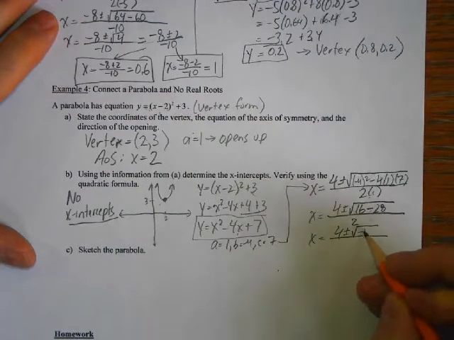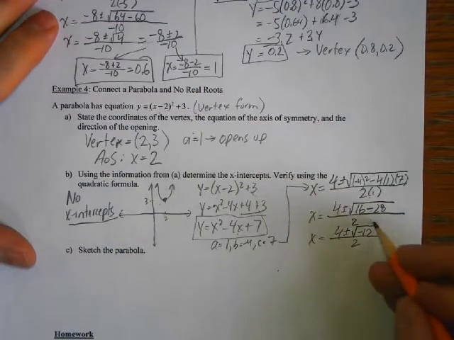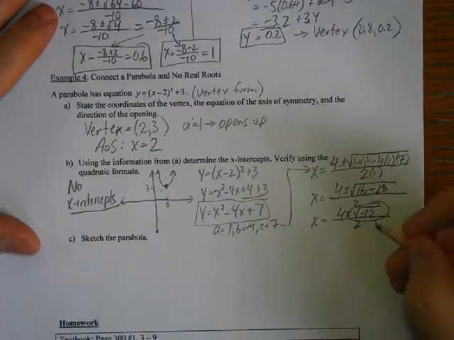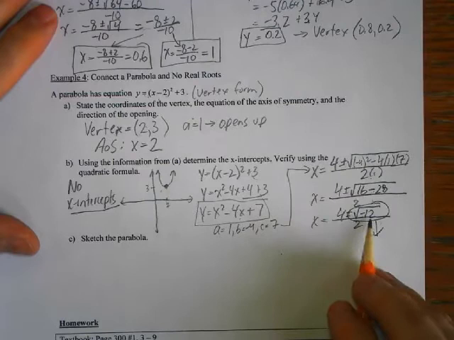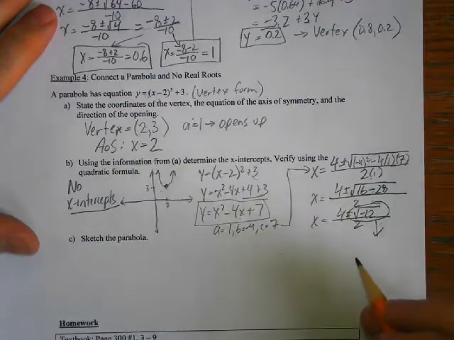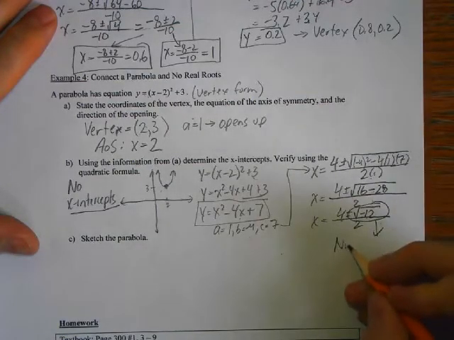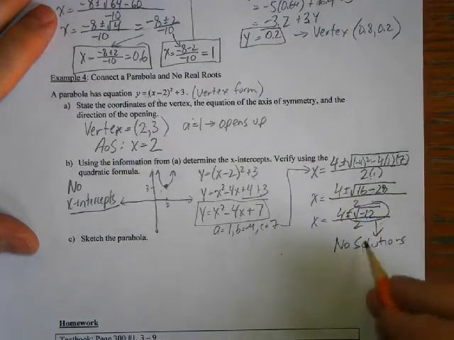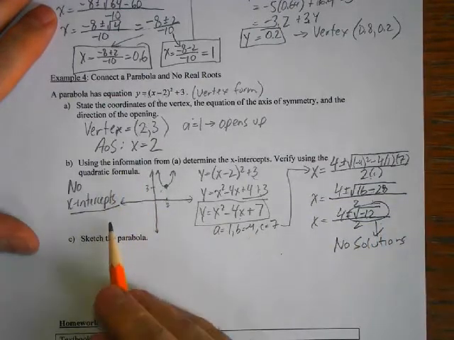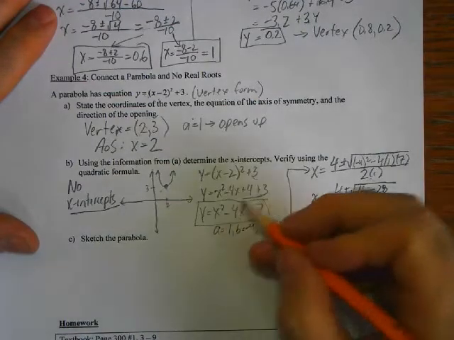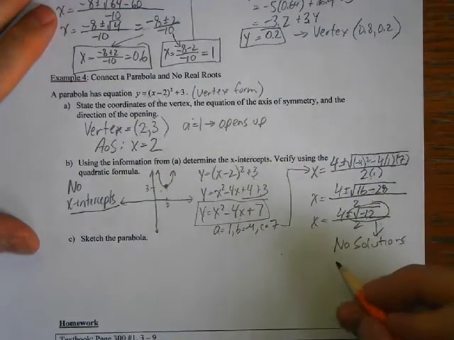We have a negative number under the radical. As soon as you get to that, like I said at the beginning, you get a negative number under there, you just stop and you say no solutions. And since we're trying to find the x-intercepts, no solutions means no x-intercepts.